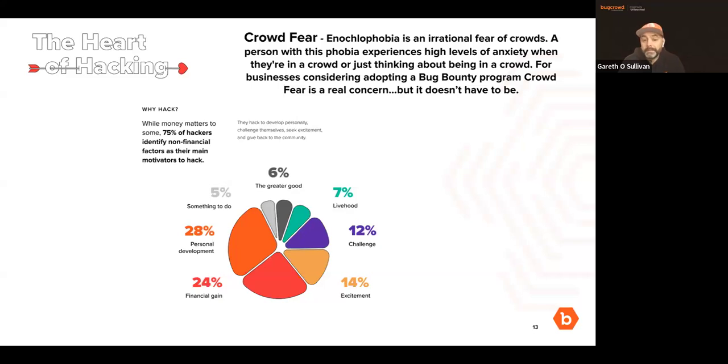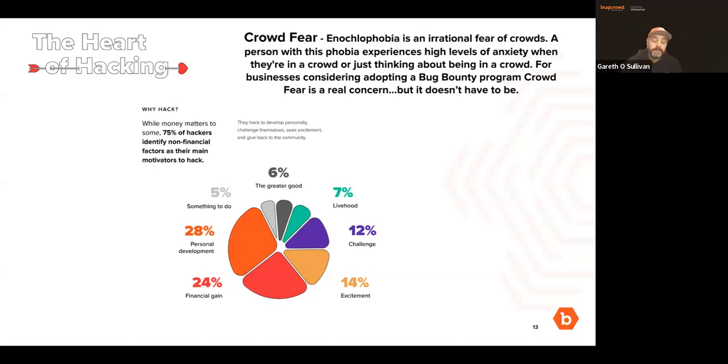Hackers get a great buzz from hacking as well, so there's excitement built in. There are a lot of challenges built in as well. Some folks are using bug hunting as one of their primary sources of income, so they're building a livelihood around it. They like to give back as well, and help organizations stay secure, so the greater good is a factor.